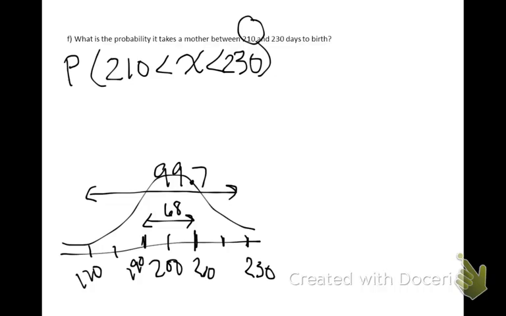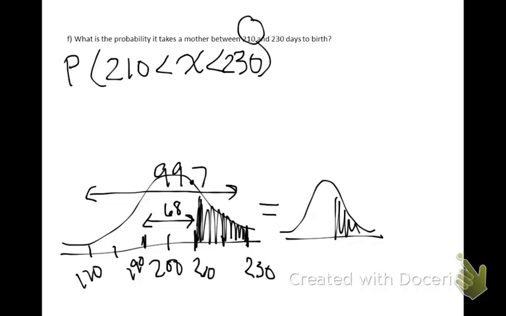We're interested in the shaded area between 210 and 230. To get this, we'll find the probability of being greater than 210 and subtract out the probability of being greater than 230. This should leave over the area that we're interested in.